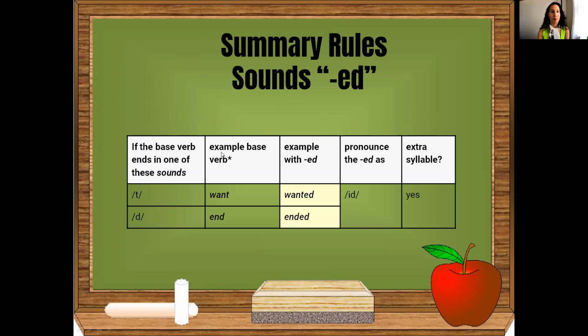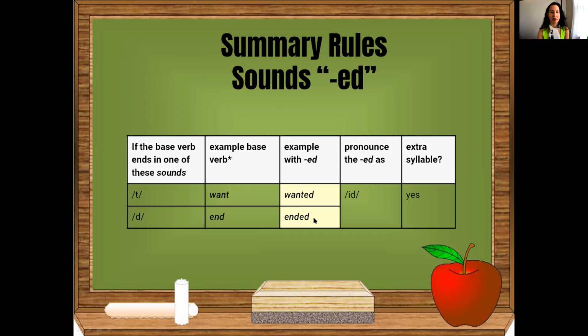Okay, so if the base verb ends in one of these sounds, T, the base word is want. So it ends in T. So if it ends in T or D, then the sound would be pronounced with the ID sound. Remember, ID is id. So this would be want-id.